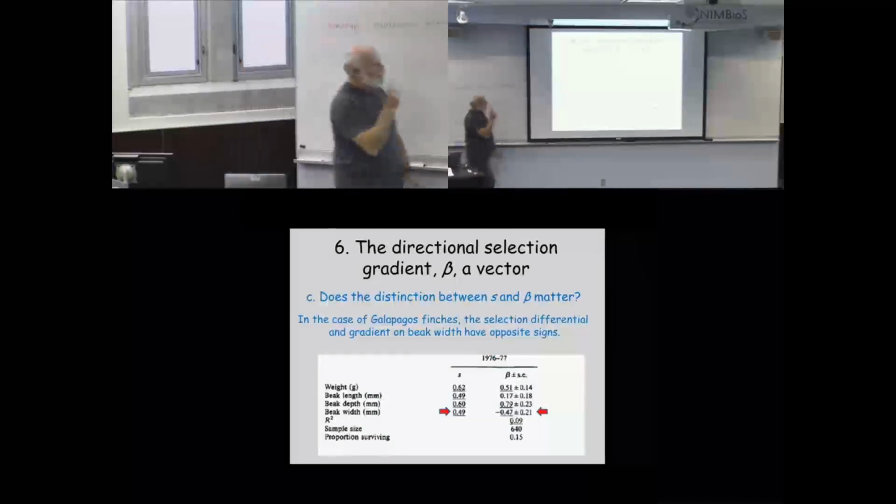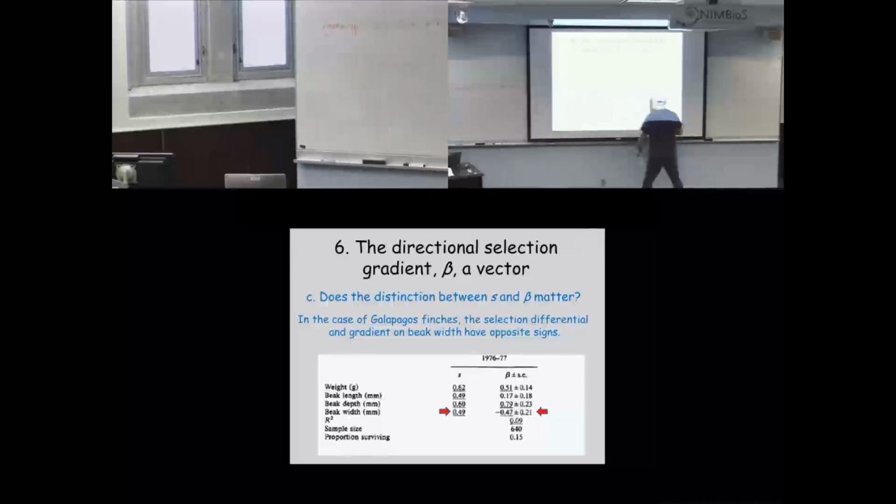And so here's an example of how it actually does make a difference in nature. If you go back to the Grant study in the case we talked about, the drought hits the Fortis population on Daphne, and we were going to measure 1, 2, 3, 4 traits, probably all positively correlated, but we ignore that and we just measure the standardized shifts in the mean, right? 62% of a standard deviation upward in the mean, 50% shift upward, 60% shift upward, 49% shift upward.